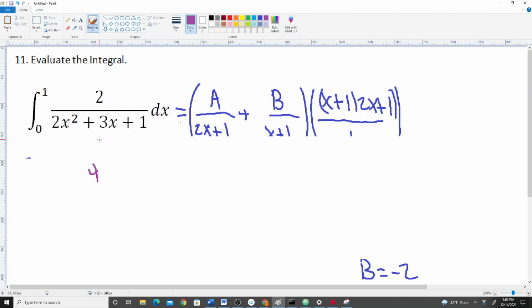So we have the integral of 4 over 2x plus 1 dx plus B, which is negative 2, times the integral of 1 over x plus 1. I already have the negative 2 out front, so all I have to put is 1 over x plus 1.